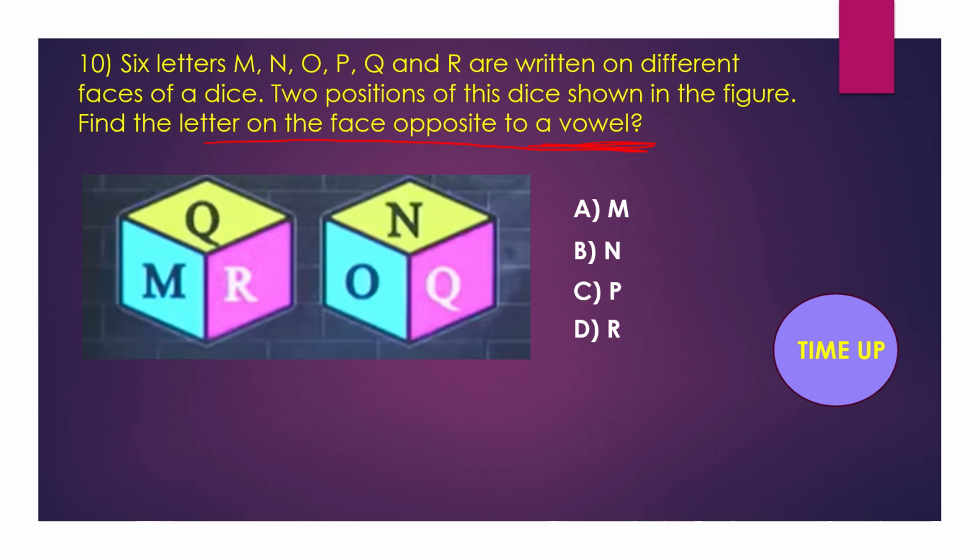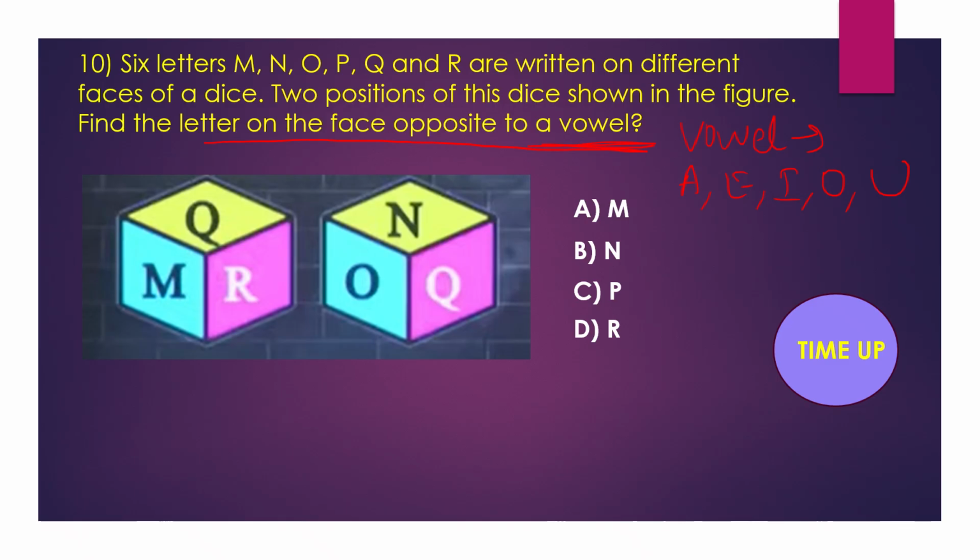So what are the vowels? A, E, I, O, U. So these are the vowels. Correct? We need a face which is opposite to a vowel. So can you see A in both the dice?